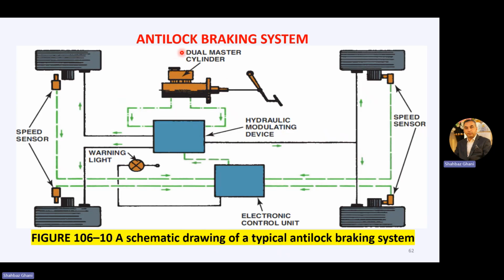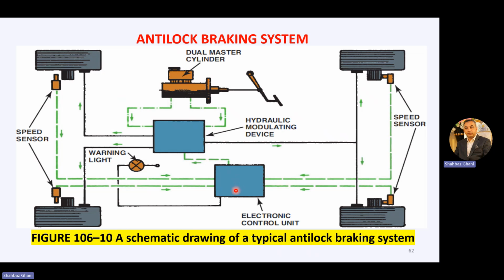Now, this is a typical schematic drawing of an anti-lock braking system. We have the foot pedal, then we have a dual master cylinder, a hydraulic modulating device, and then the electronic control unit, and every wheel has its own speed sensor. They are giving information to the electronic control unit.